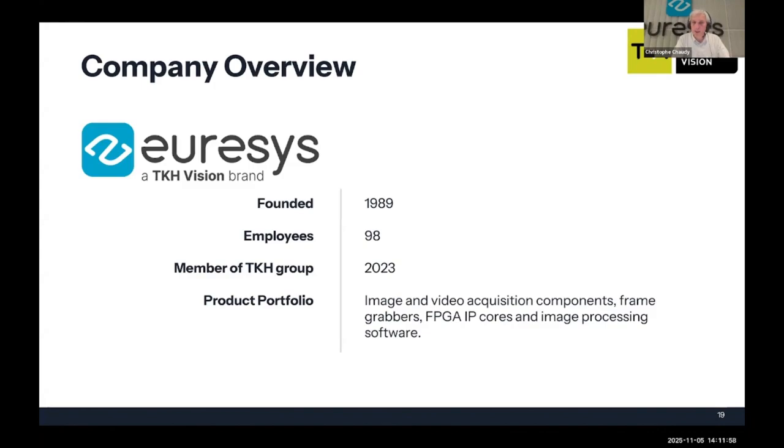Euresys is a manufacturer of components for machine vision, more specifically frame grabbers, like Robin talked about a little bit, FPGA IP cores, and image processing software. And that's the part for today.